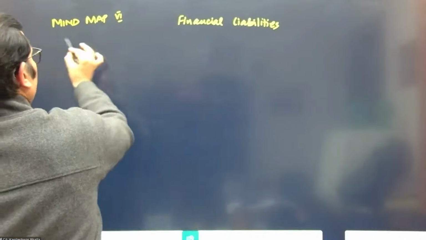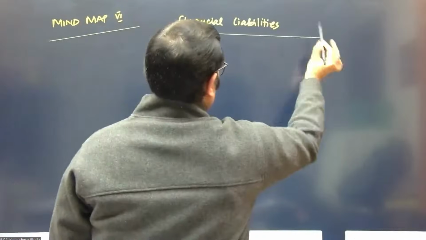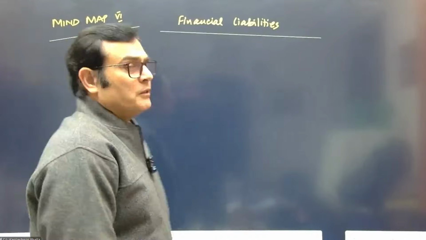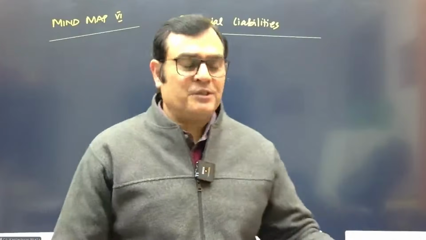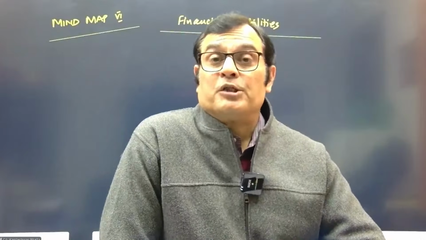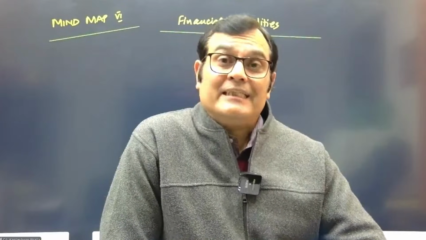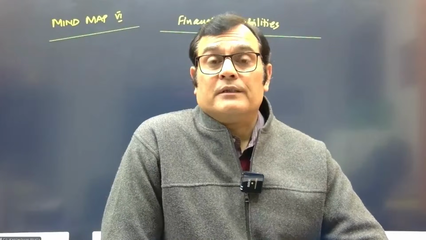I'm not going to complicate this chart, unlike the regular sessions, where we segregated the financial liabilities into various categories, such as a financial liability which arises when the financial asset is not eligible for derecognition, and then financial guarantees, etc.